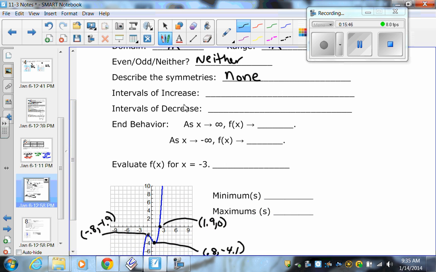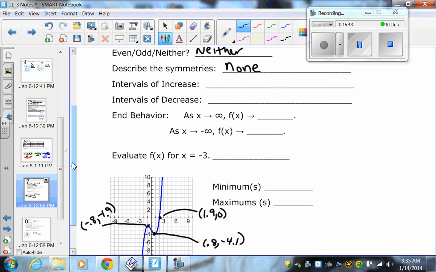For intervals of increase and decrease, what I like to do is draw a number line and then put in your maximums and your minimums. So if you look, you start over here at negative infinity. Then the x coordinate of that maximum was negative 0.8. The next one is positive 0.8.